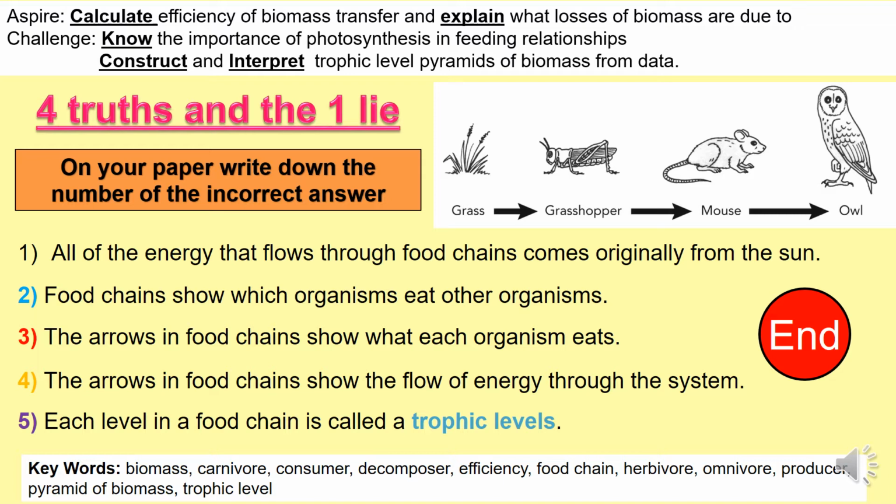Now, if that sentence is correct, then the mouse is eating the owl, and that cannot possibly be correct. Whereas sentence 4, the arrow in a food chain shows the flow of energy through the system, is correct. So sentence 3 is the incorrect sentence.